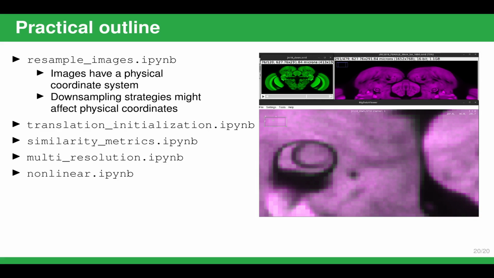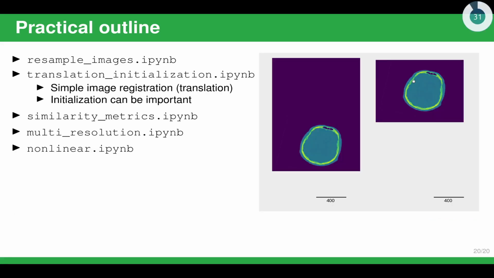What you're seeing on the right is a high and low resolution version of the same image in magenta and green respectively, and again, good viewers and good image processing libraries understand that just because they have different pixel sizes, it's not as important as the physical coordinates, so you can overlay these images and it should make sense. These images are in the same physical coordinate system so that you can overlay them even though they're of different pixel sizes.